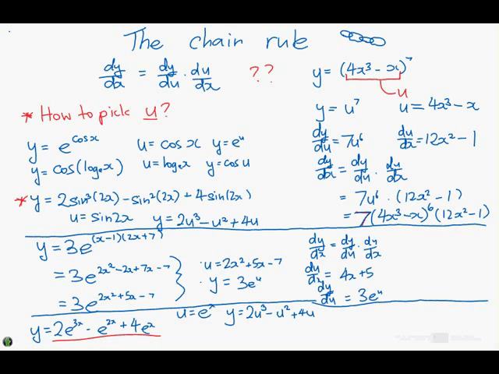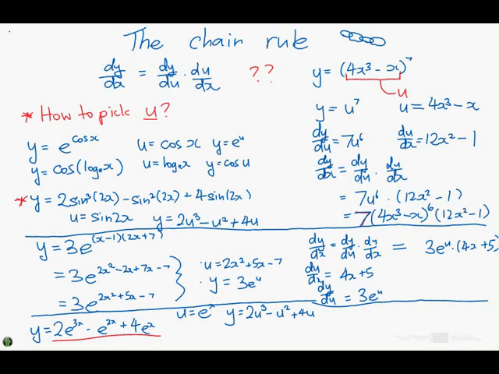And so dy/dx is going to equal dy/du, which is 3e to the u, times du/dx, 4x plus 5. There we go.